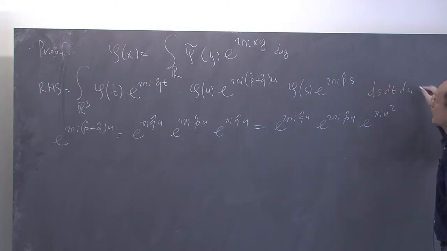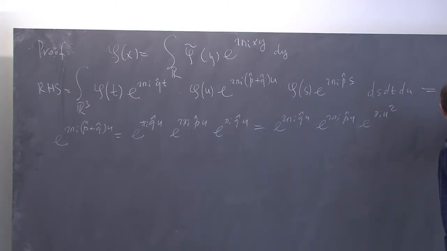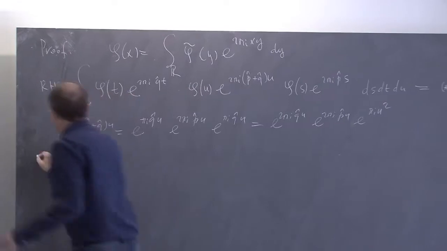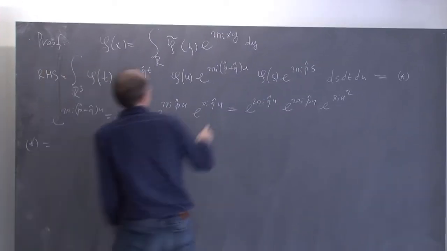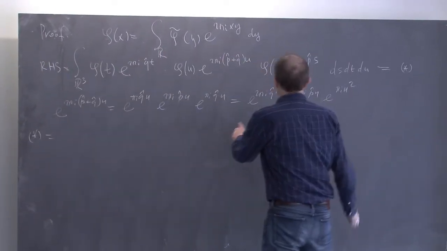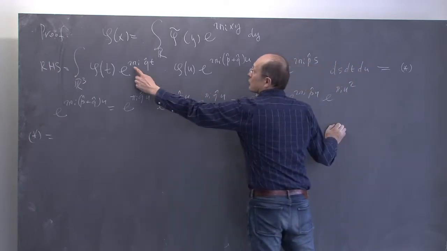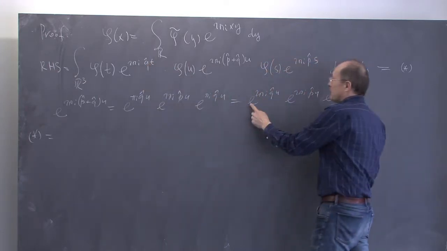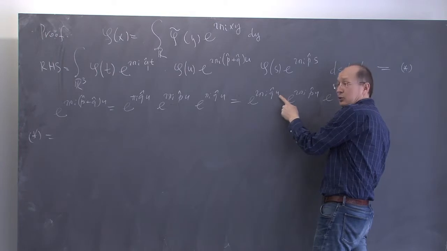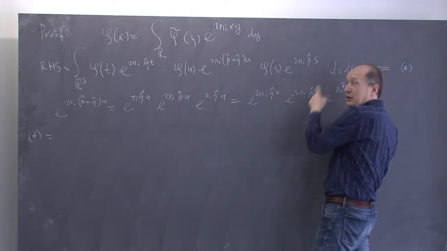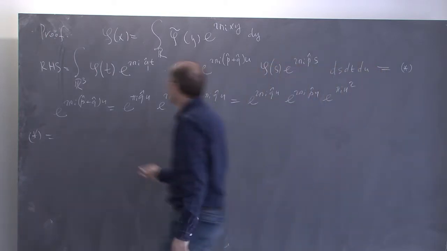And now we continue with this equality. So now you see that e to the 2 pi i q hat t meets e to the 2 pi i q hat u, and likewise for p. So we can put them together.